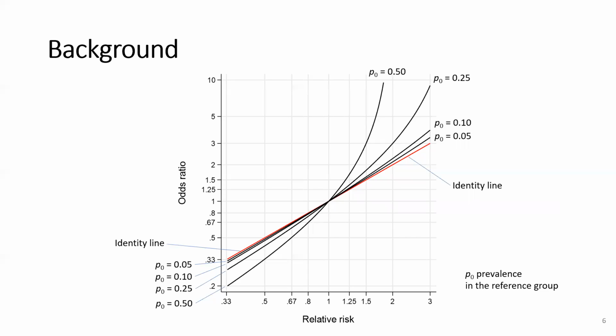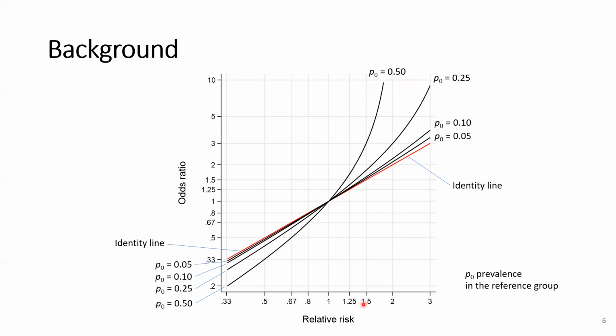And this graph shows the relationship between relative risk and odds ratio at different prevalence of the outcome in the reference group. I changed my pen. So when the relative risk is 1, odds ratio is always 1 as well. However, let's look at when the relative risk is 1.5, and the prevalence in the reference group is 50%.